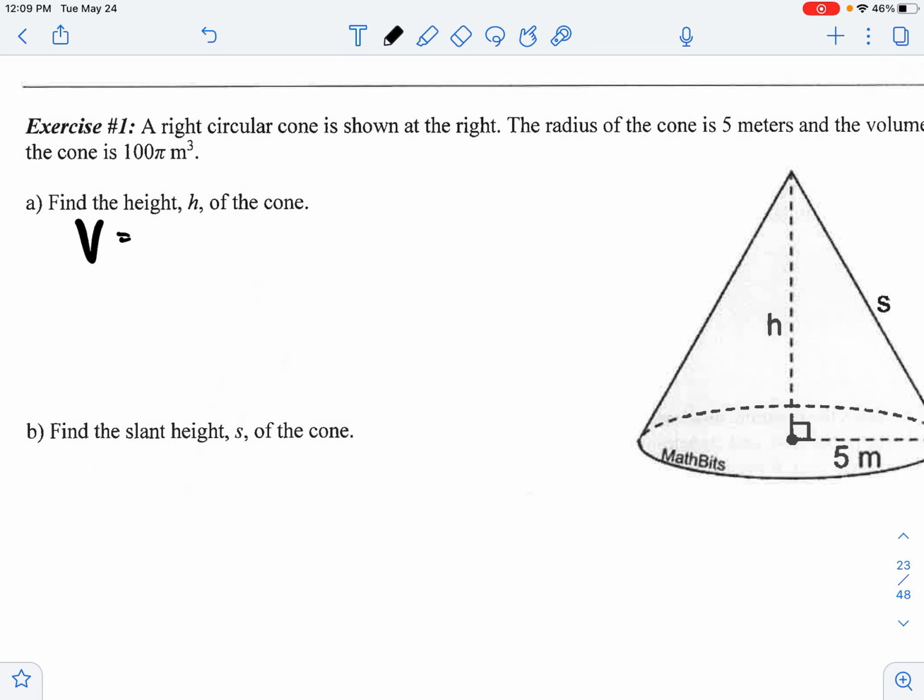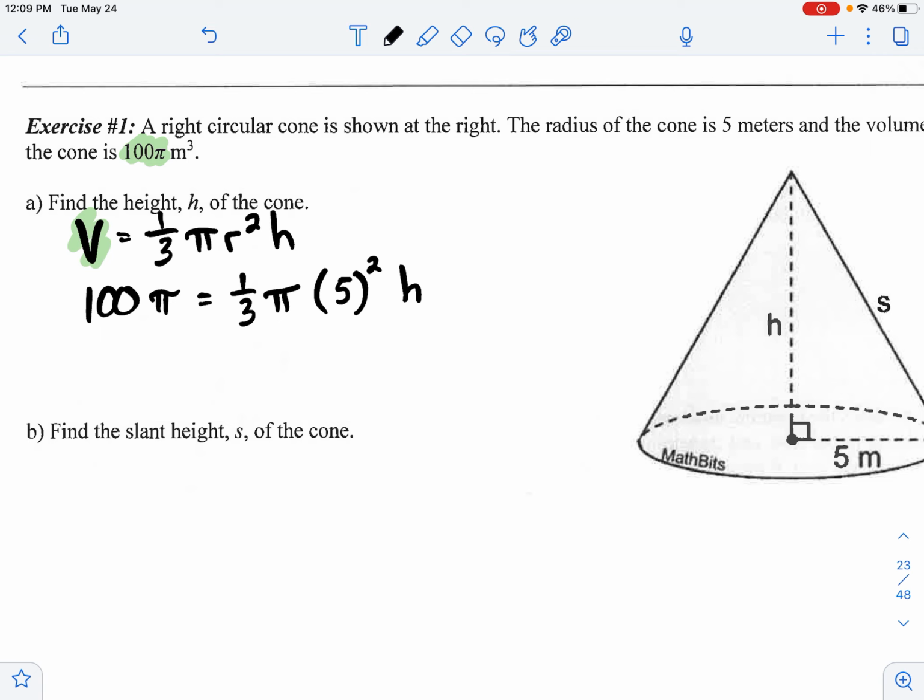So volume is 1/3 pi r squared h. And this time we have the volume, so I could replace 100 pi with the volume. And the radius is 5. And we're solving for h.